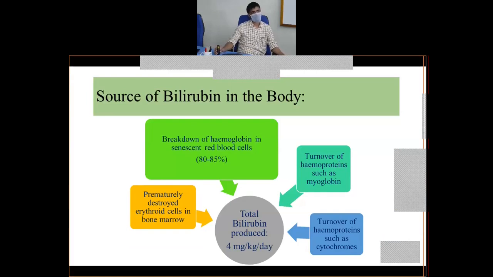The breakdown of hemoglobin in senescent RBCs and prematurely destroyed erythroid cells in the bone marrow contribute around 80 to 85% of the total bilirubin. Then some comes from myoglobin and the hemoprotein cytochromes. So the total bilirubin production is 4 milligram per kg per day.